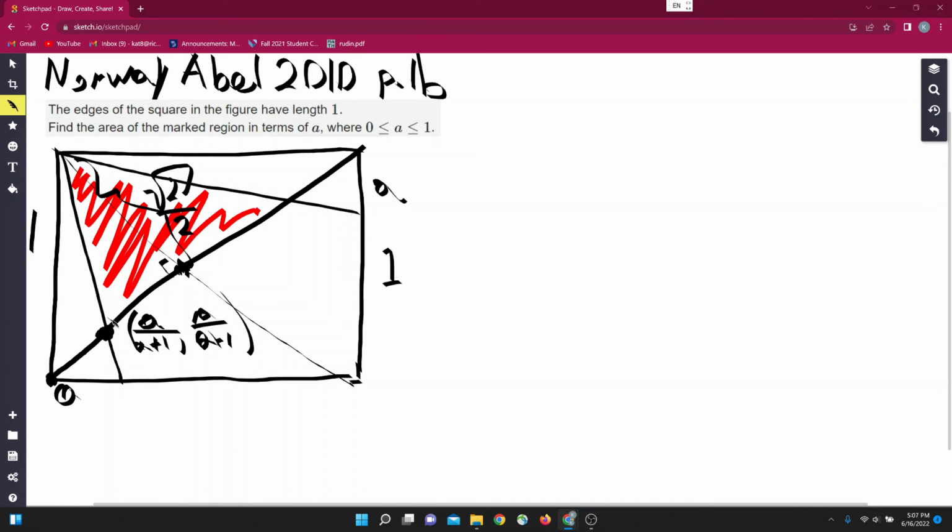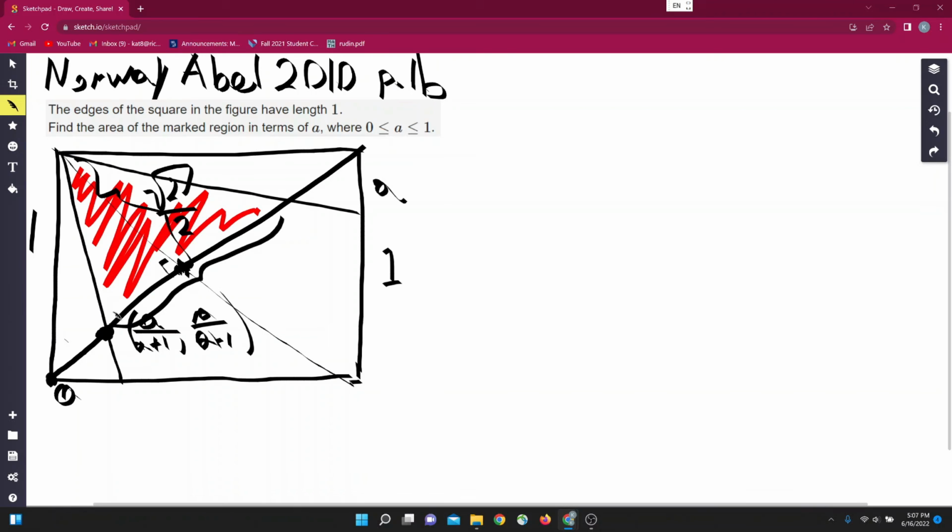How do we find our base? Well, notice that I rewrote this coordinate here as if we have a coordinate system. We don't really have it in place right now, but I just wanted to write that out so it's clear.